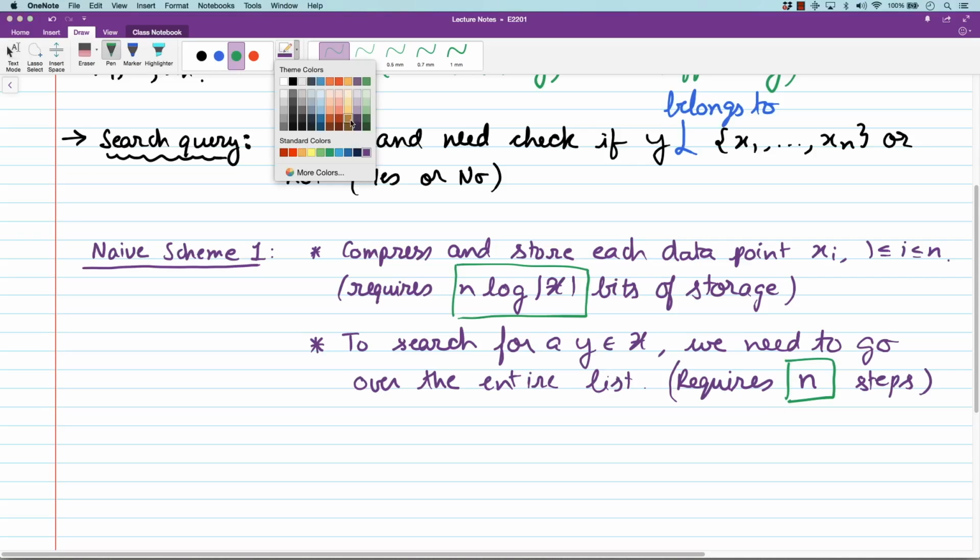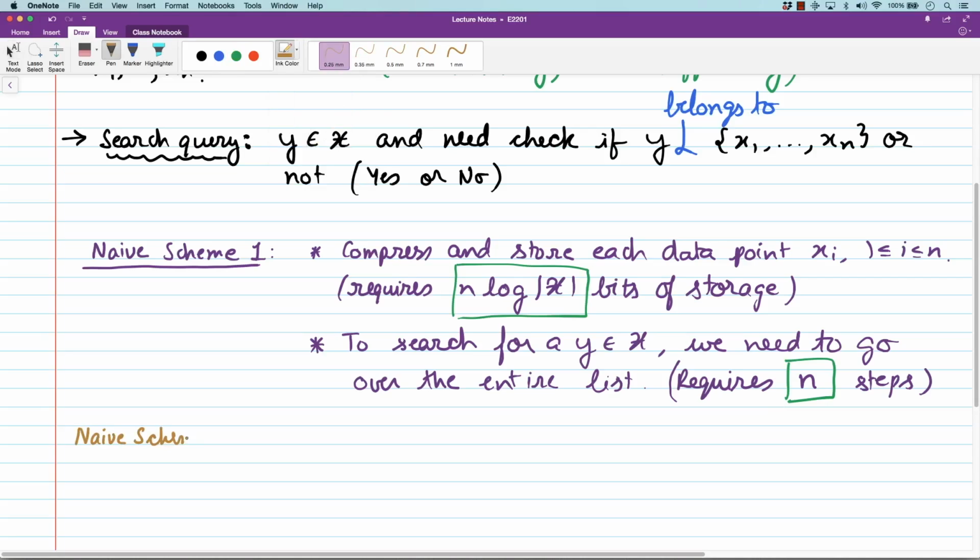Let's look at the second scheme. This is also another naive scheme, it's not too fancy. So what can we do? The goal we have in this scheme is to reduce this computational part. But what we will do is consider an array A of |X| bits.